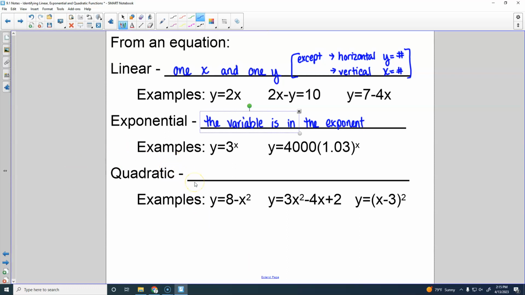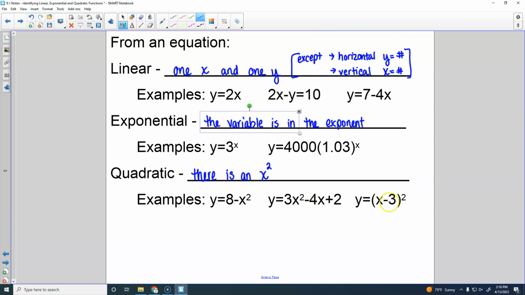Okay? How can we tell something is quadratic by looking at its equation? What do you think, Evan? There is an x to the second power. Okay. So some examples here. Y equals 8 minus x squared. Y equals 3x squared minus 4x plus 2.